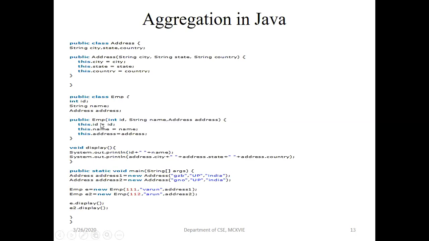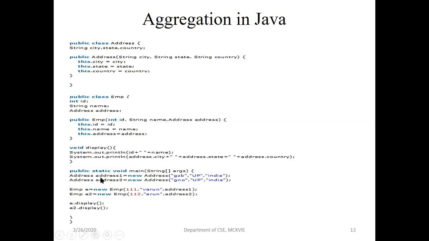And this is EMP, which is nothing but the constructor. These are the parameters: int id, String name, Address address. this.id equal to id, this.name equal to name, this.address equal to address. Void display will print the ID, name, as well as address.city, address.state, address.country.